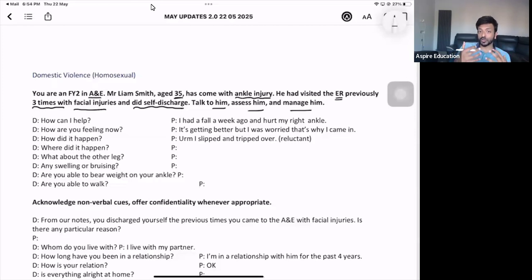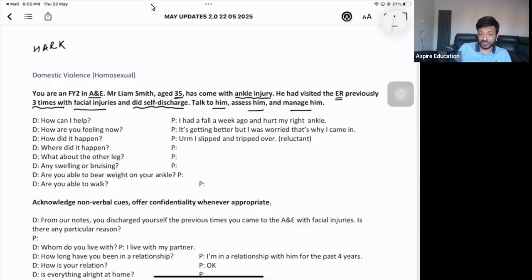And in this scenario, you will see lots of non-verbal cues as well. This patient is very fidgety. Patient is not giving eye contact, shaking his leg as well. So you need to offer some confidentiality as well. Let's see if this patient will be able to tell you a bit more, right? You may be able to ask HARK questions as well. HARK questions, I hope you know: humiliation, afraid, rape, kick.